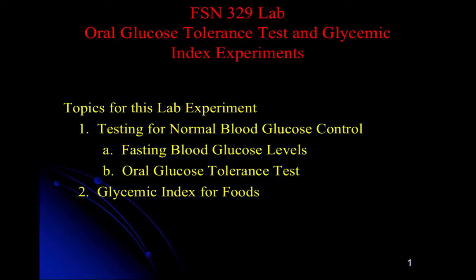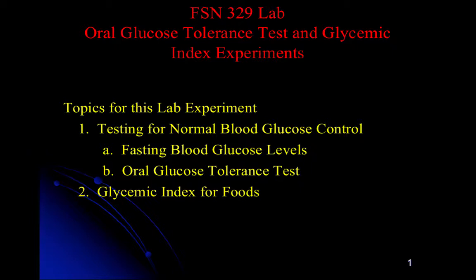So your liver starts breaking down glycogen and putting glucose into the blood. What's the second thing the liver can do to help increase blood glucose? Gluconeogenesis. Remember that?